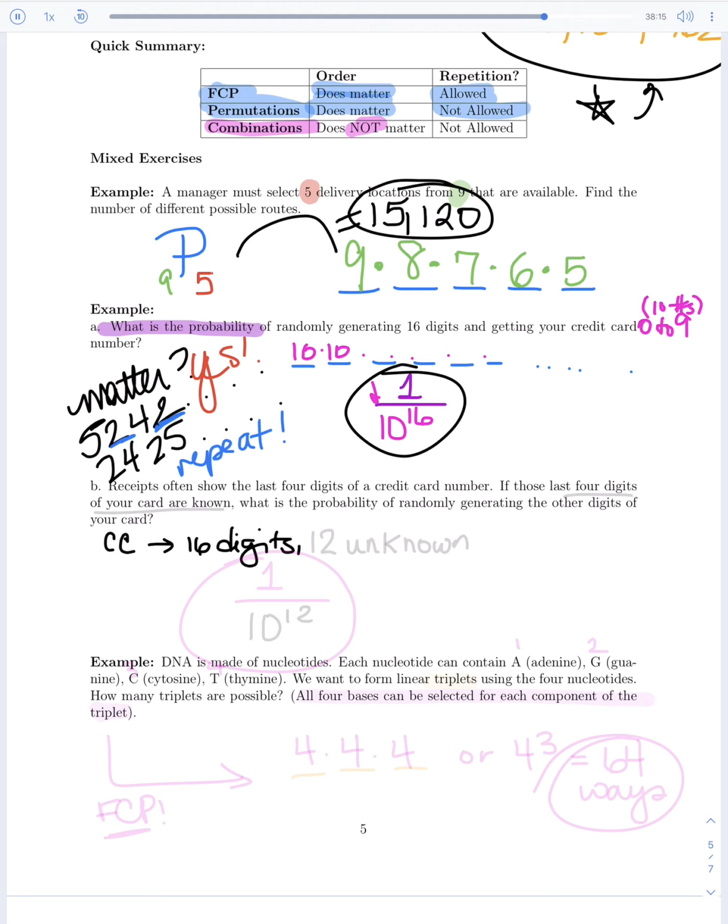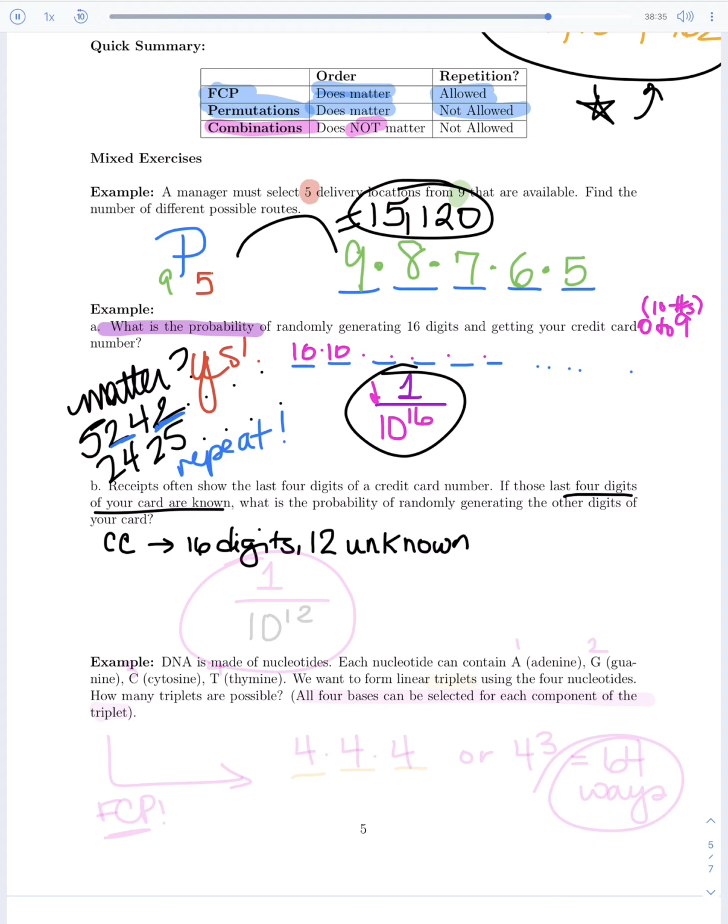Now, we're saying that 4 of the digits are known, because usually when you get a receipt, you do get the last 4 digits. That still leaves you with 12 unknown digits that we're worried about. So the only digits we're worried about are the first 12.